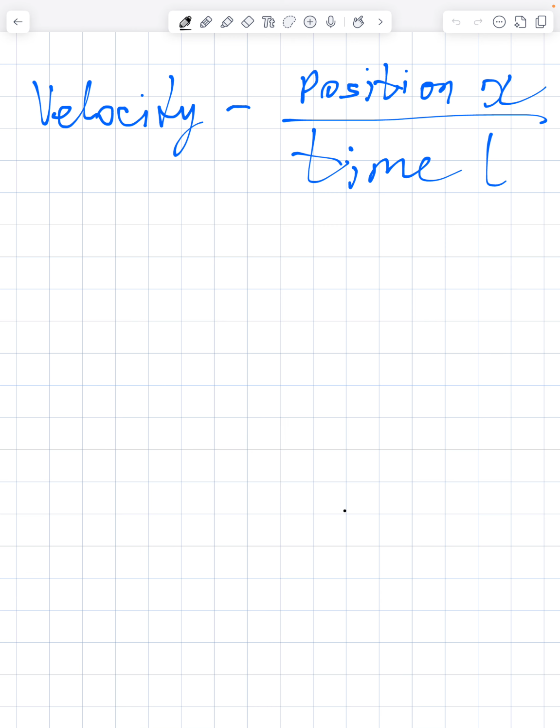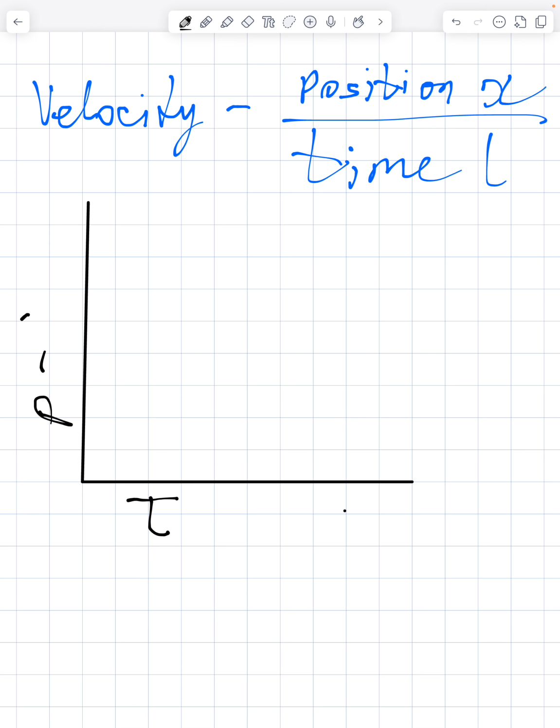All right, so let's draw our graph here. We have position, right? We said it's position over time. That's our velocity. So we have position, P, and time, T. So position of some point X is going to be calculated in kilometers, in our case, a unit of measure, and time, of course, is going to be hours.